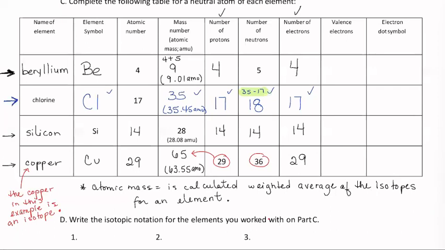In the last example, for copper, the reason why the mass number is going to be different from the atomic mass is because I provided protons and neutrons to illustrate that copper actually can have another isotope. So only in the instance in which I provide protons and neutrons, then understand that the mass number may not equal the number that you have as an atomic mass in the periodic table.